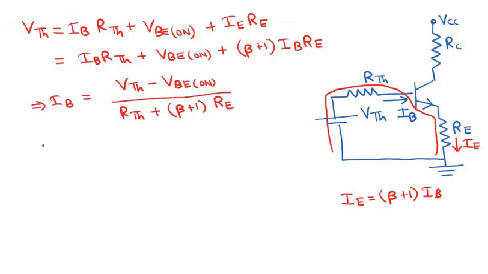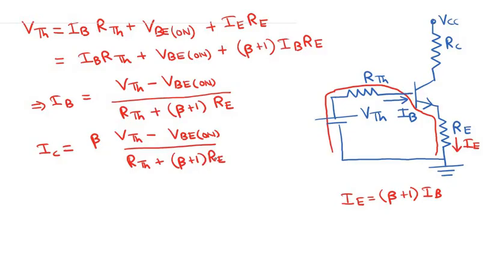So the collector current IC is given by beta into VTH minus VBE on divided by RTH plus beta plus 1 RE.